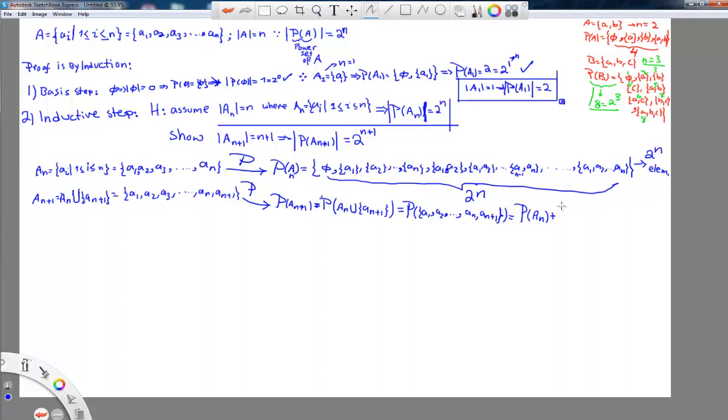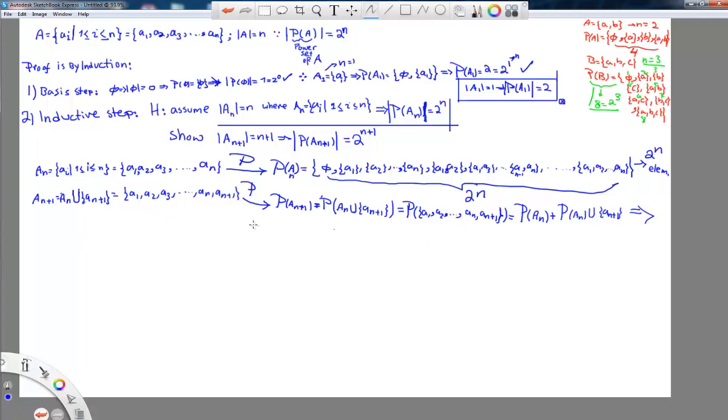So then plus the power set of A sub n unioned with the additional element, right? So let's see how then this would look like.